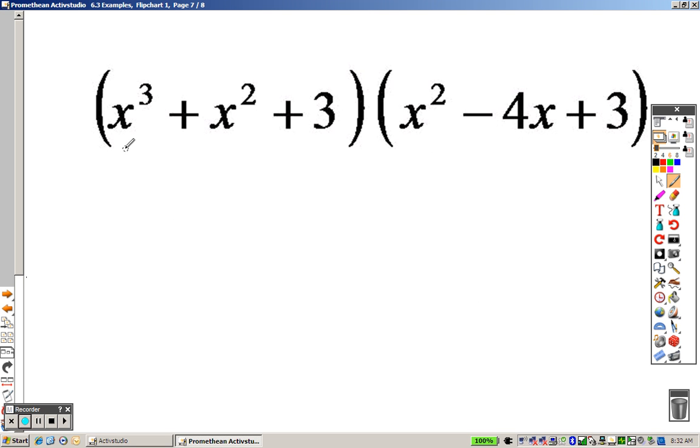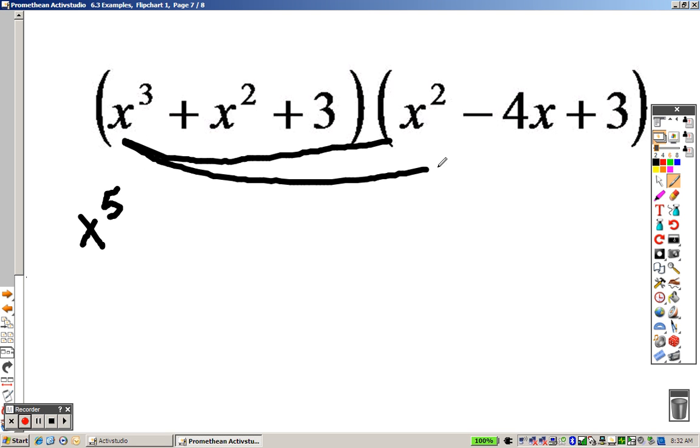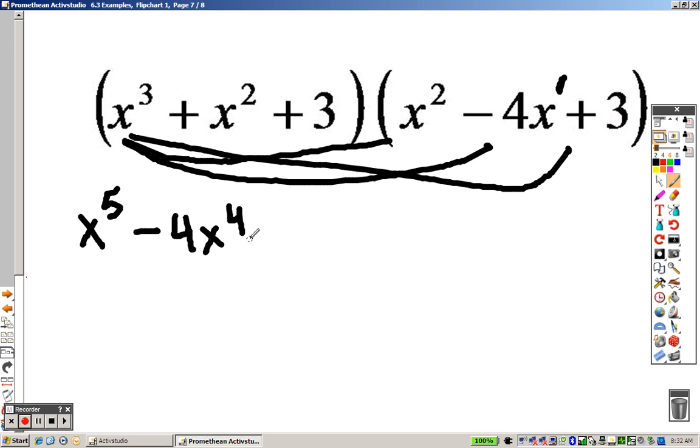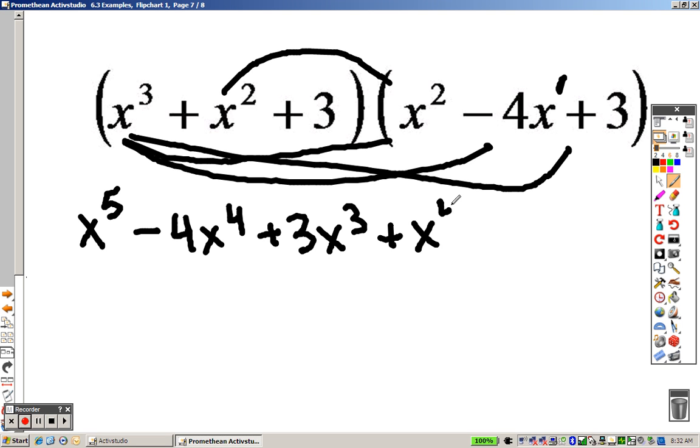You can even FOIL two trinomials. X cubed and x squared is x to the 5th. X cubed and negative 4x. I remember it's like saying to the first power, so you add the exponents. So you get negative 4x to the 4th. X cubed and 3 is positive 3x cubed. X squared times x squared is x to the 4th.